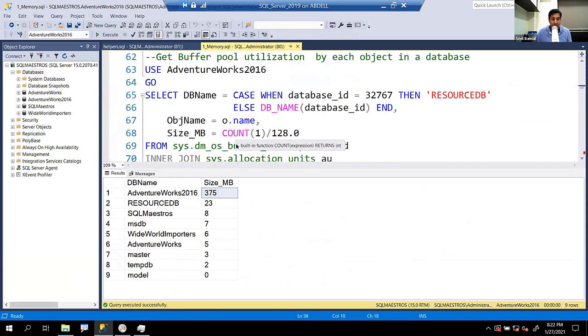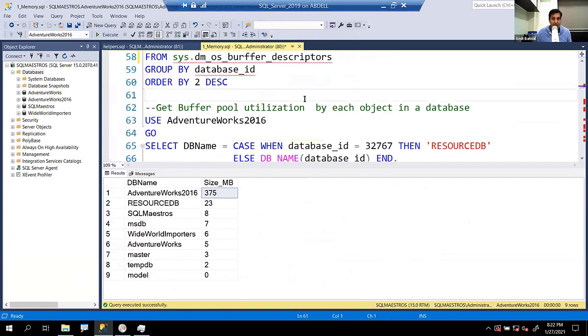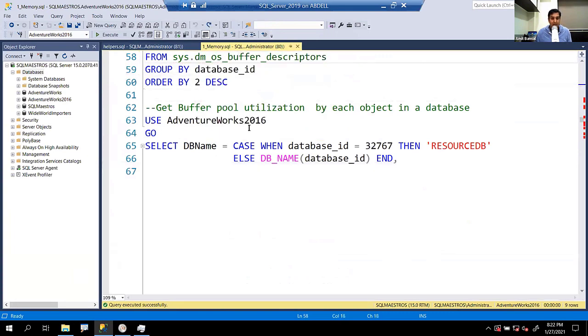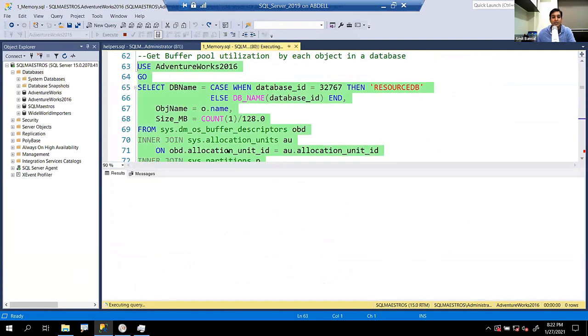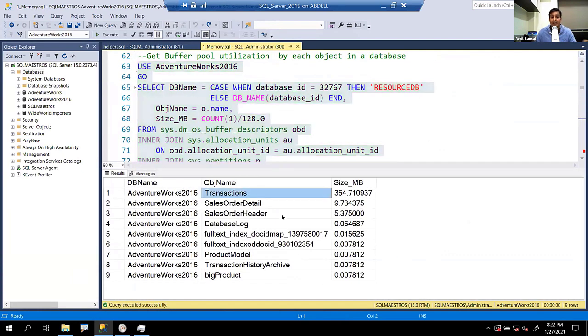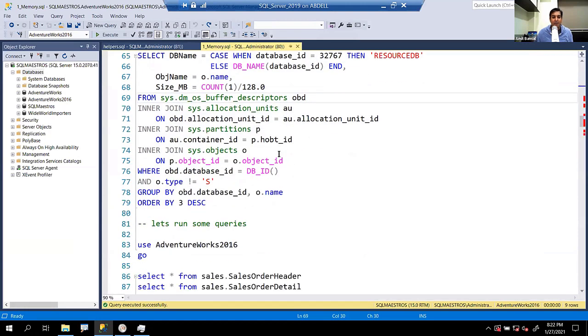And which table? Let's look at this, and you will see that transactions, which I ran, is consuming about 355 MB. Sometimes that is a good indication of whether they could be good candidates for in-memory OLTP. Well, there are many other factors like latch contention, etc., that you need to see, not just the amount of memory.